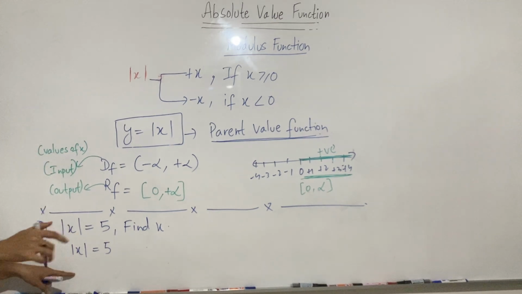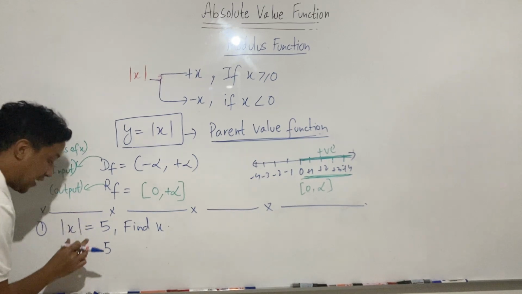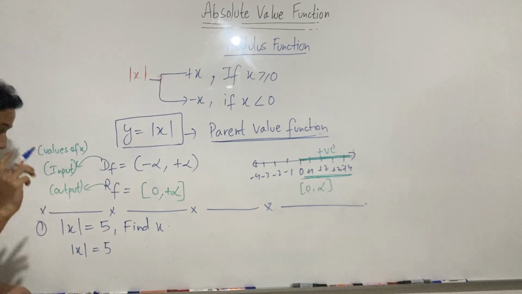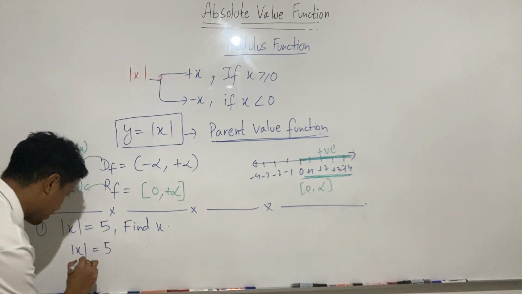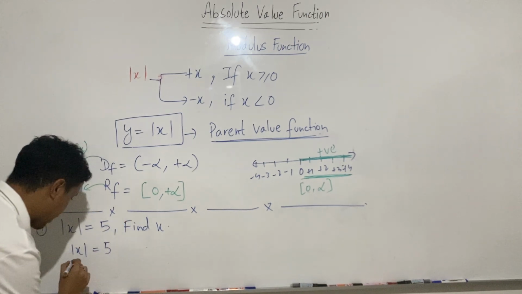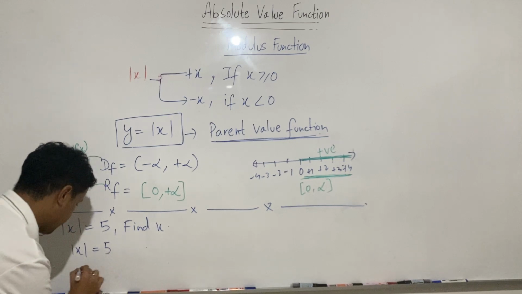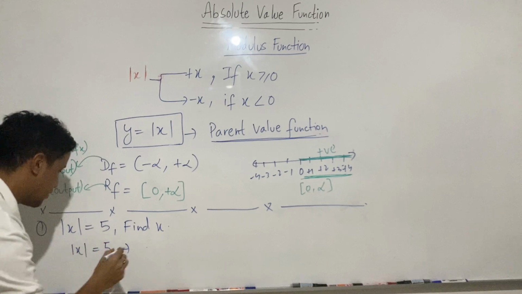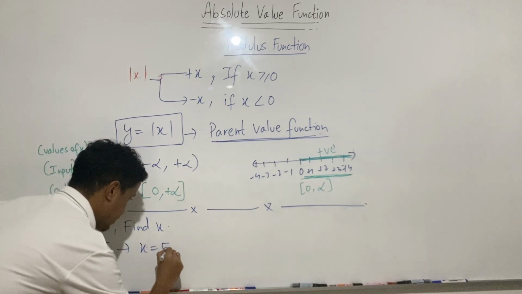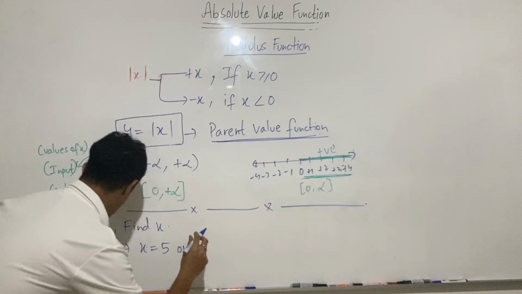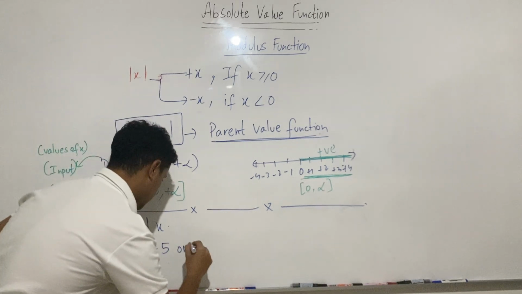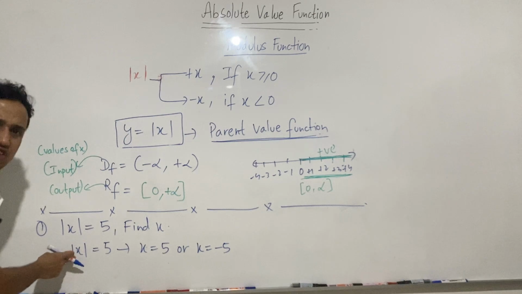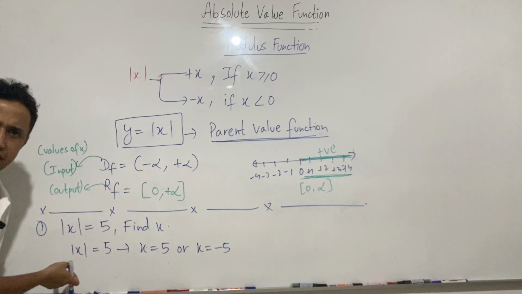So you will get mod x equal to 5 only when your x is 5 or minus 5. When it is x or minus x, right?